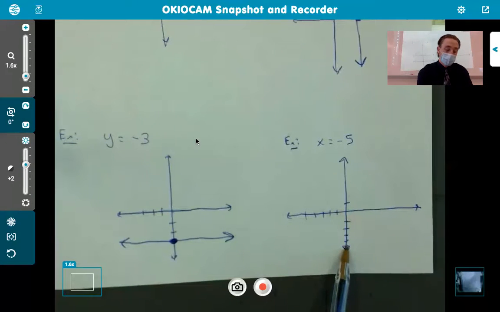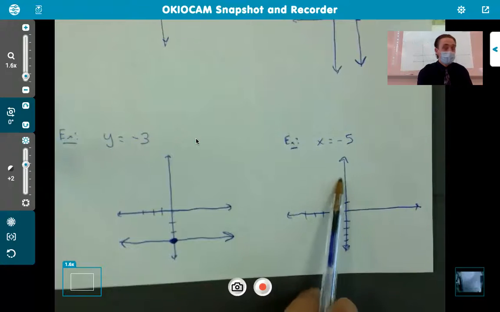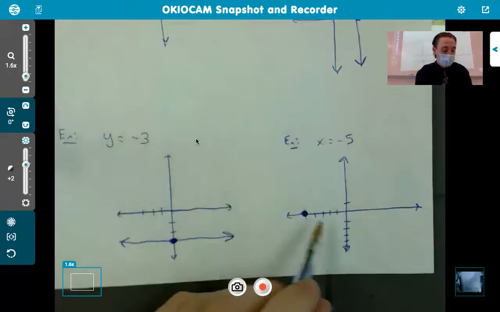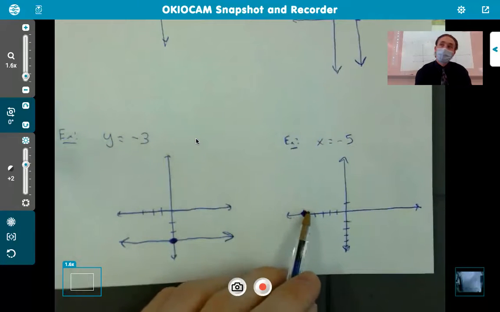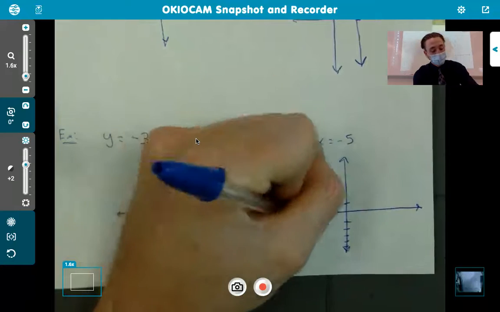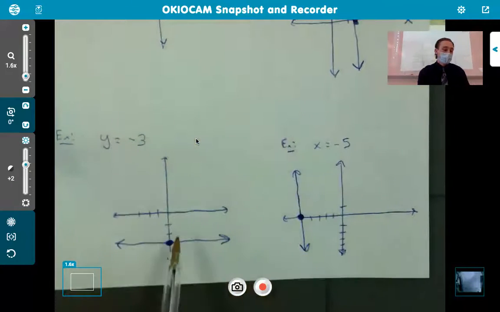Well, if I go up, that's y equals positive. To the left. Right? So I go to the left. And then if it's x equals, do I draw a vertical or horizontal line? Vertical. X equals is vertical. Y equals is horizontal.